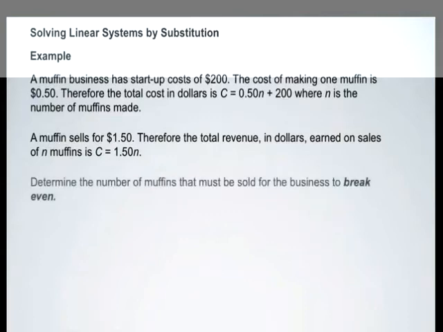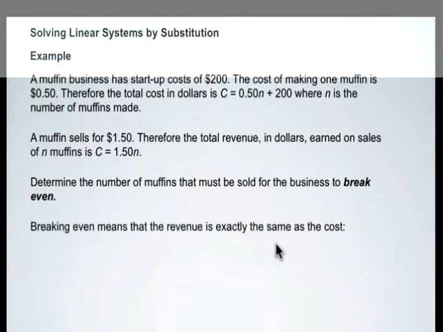So what we want to do is determine the number of muffins the business needs to sell in order to break even. What we mean by break even is that the revenue is exactly the same as the cost of making the muffins. So we want to sell a number of muffins that is equal to the cost it took to produce that number of muffins.